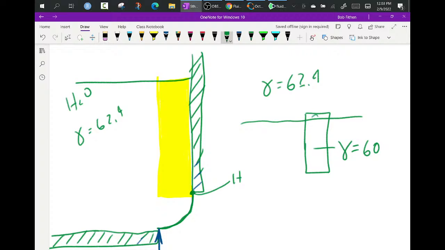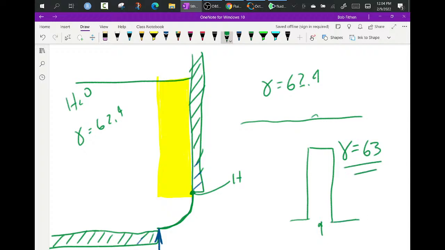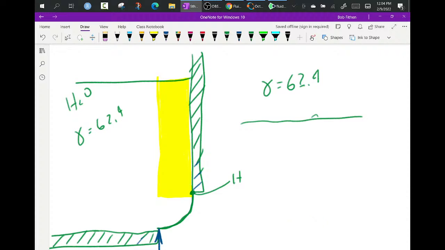If I put a block that is 63, then it will just slowly sink until it hits the bottom of the water. And so it sits there because the ground needs to push back up on it a little bit because it's too heavy for water. And we'll look at all this later.